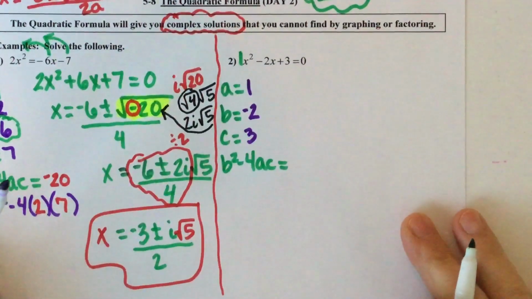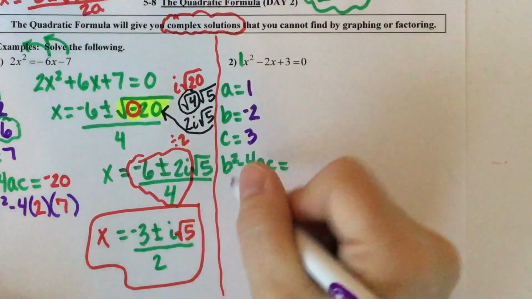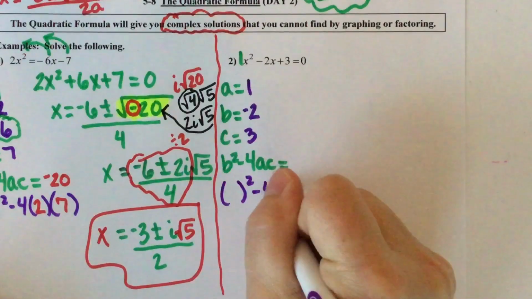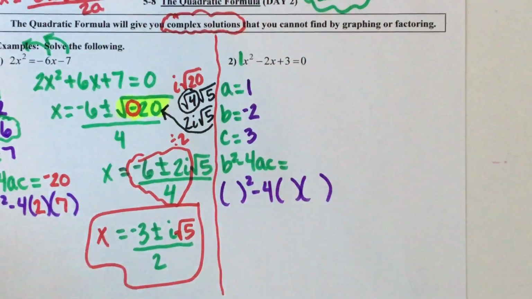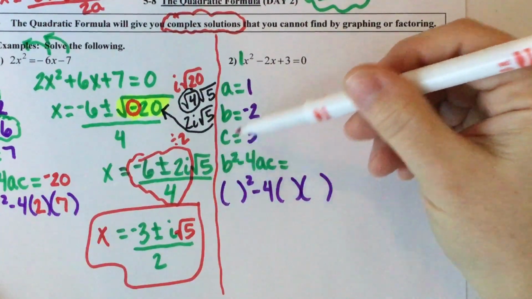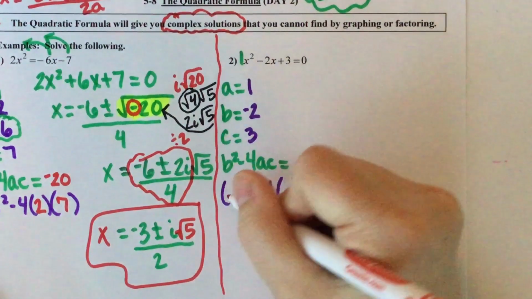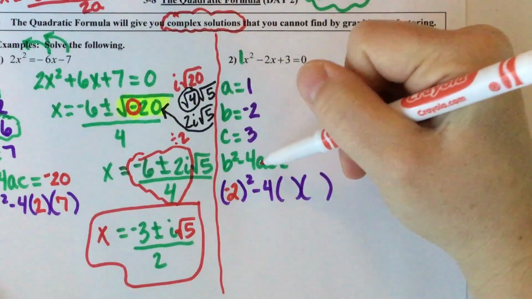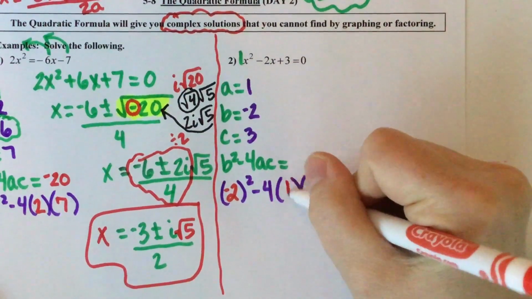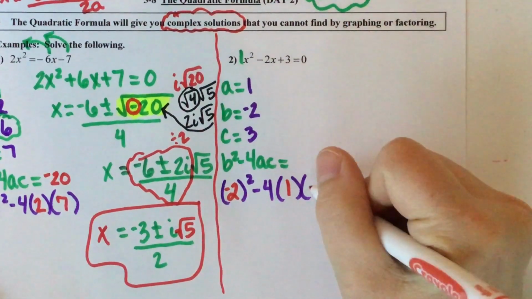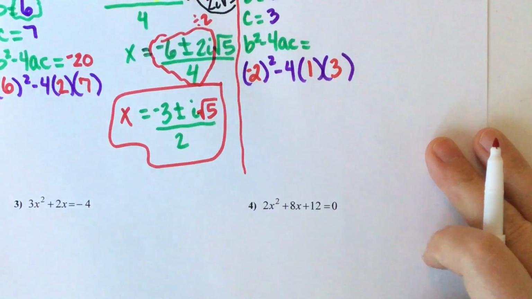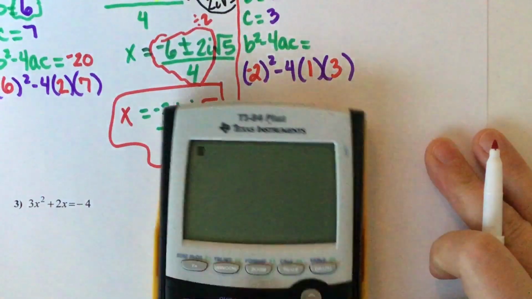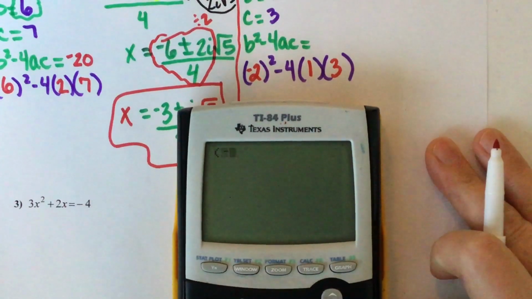All right, so I need parentheses where my b is, parentheses where my a is, parentheses where my c is. Okay, so we know that b is negative 2. We know that a is 1. And we know that c is 3. Okay, calculator time. Now, if I didn't have a calculator, I could do this with order of operations.